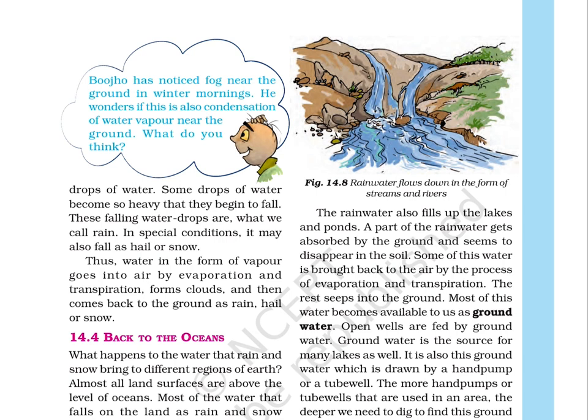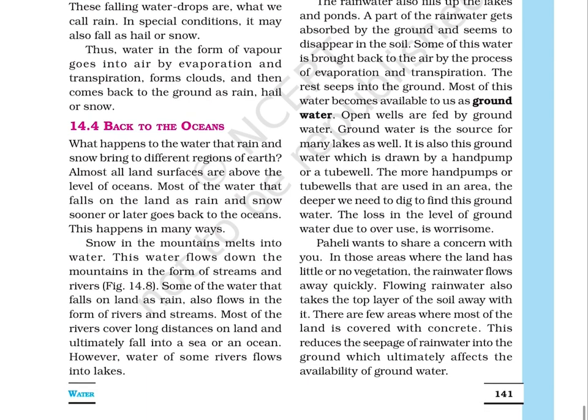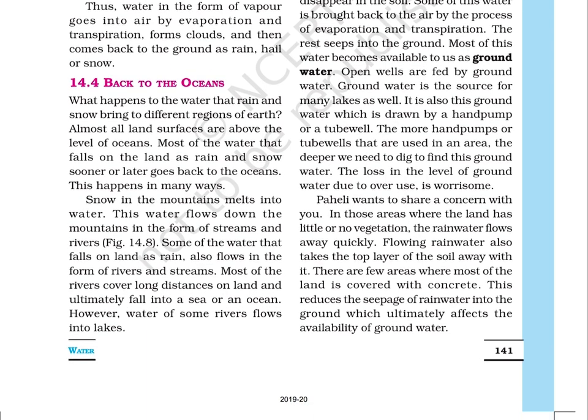Most of this water becomes available to us as groundwater. Open wells are fed by groundwater. Groundwater is the source for many lakes as well. It is also this groundwater which is drawn by a hand pump or a tube well. The more hand pumps or tube wells that are used in an area, the deeper we need to dig to find this groundwater.